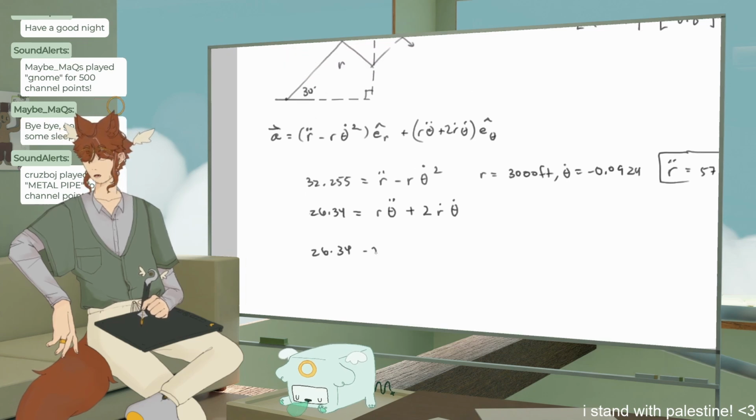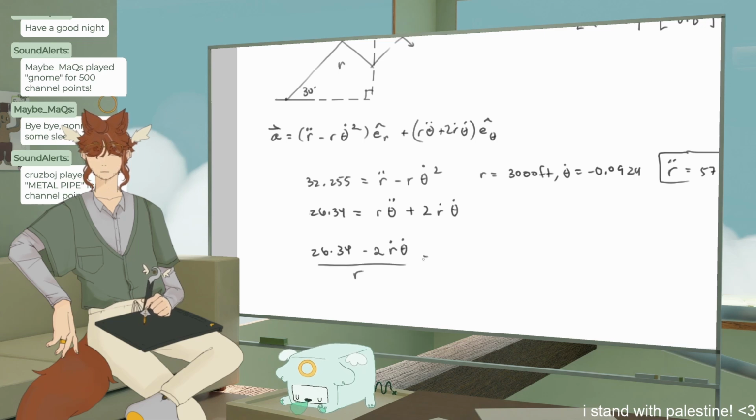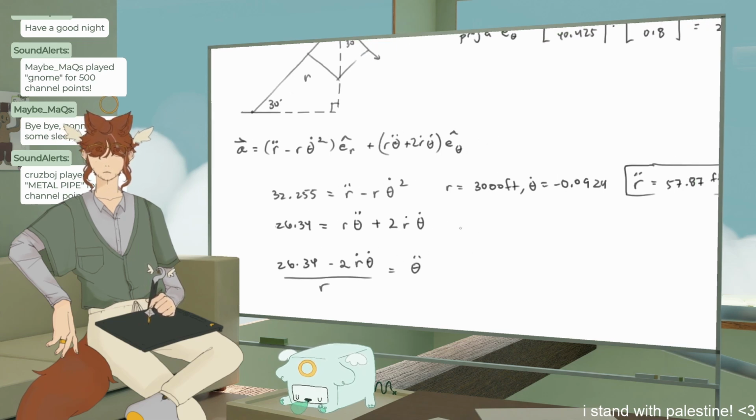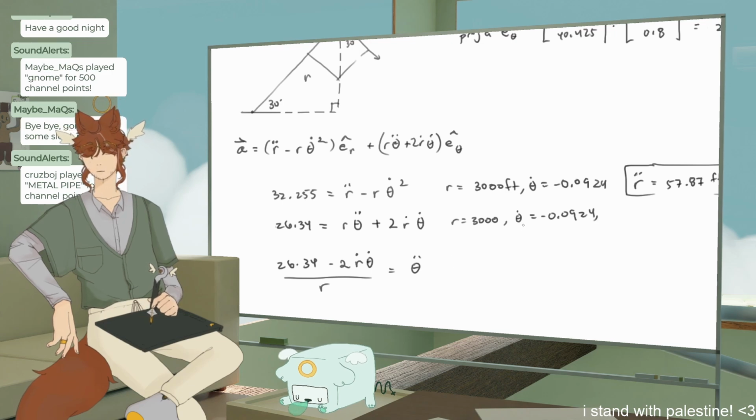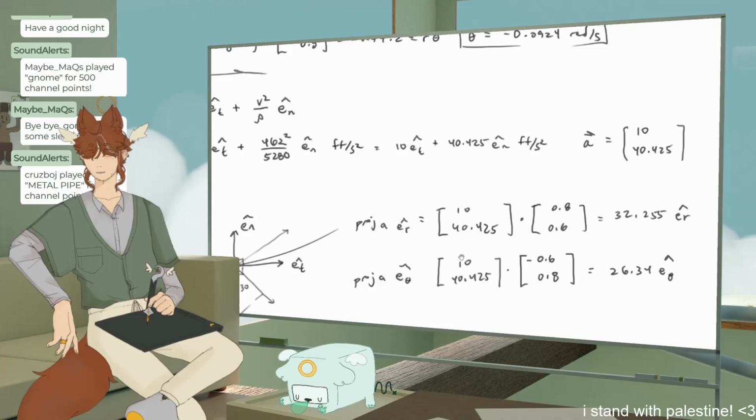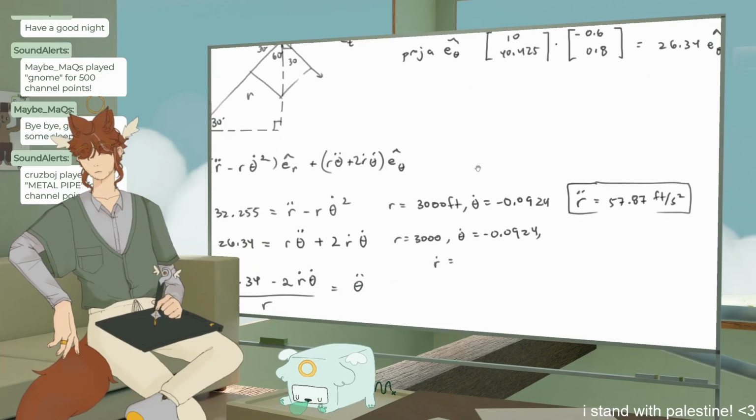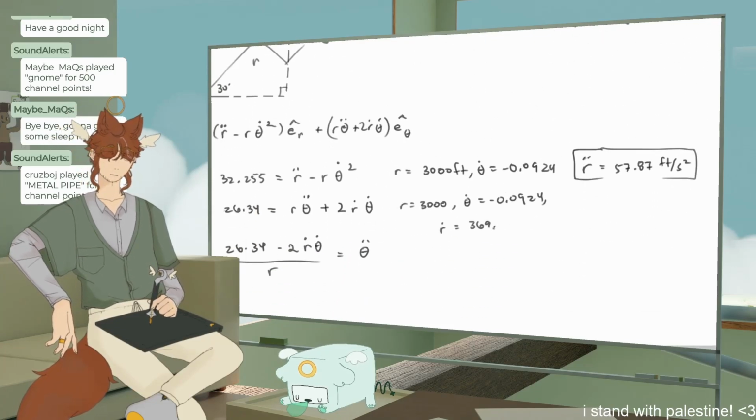So we're gonna say minus 2, this over R. Okay. So R equals 3000, theta dot equals negative 0.024, and then R dot equals 369.6. I don't know why I wrote a number there. Okay, great.